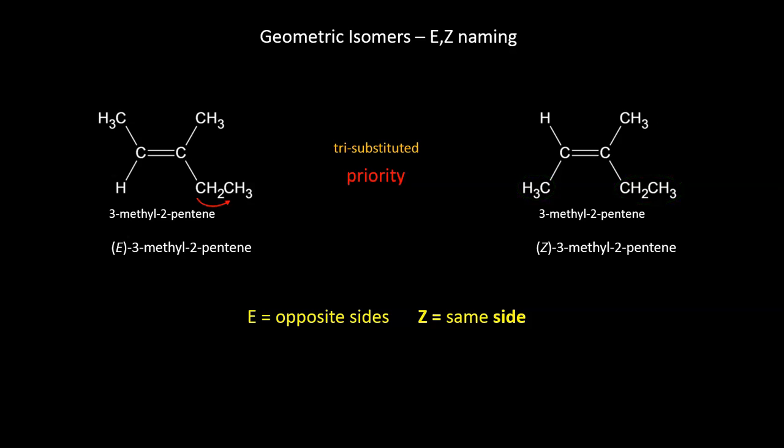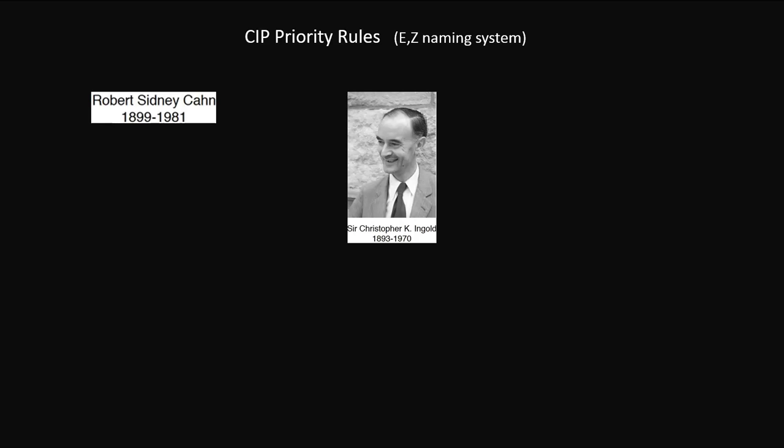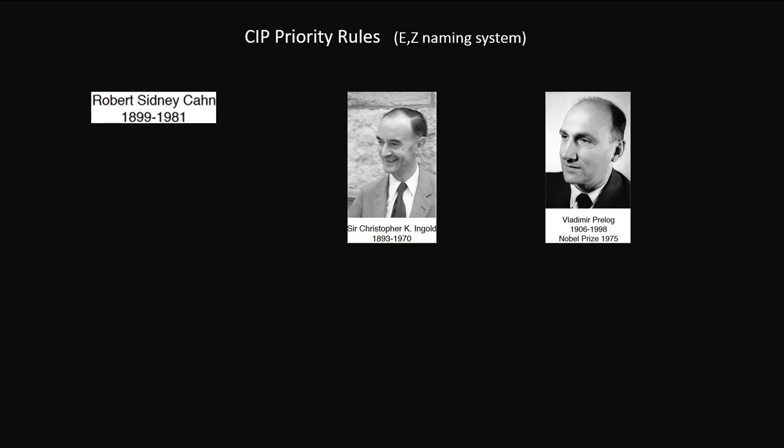Now, before I go on to a tetra-substituted example, I want to point out some history of this system. It is formally called the CIP priority rules and was established by 3 chemists, Robert Kahn, Christopher Ingold, and Vladimir Prelog. Kahn and Ingold were British chemists, and Prelog was from Bosnia-Herzegovina of Croatian descent.